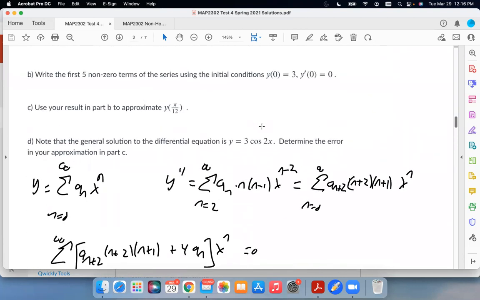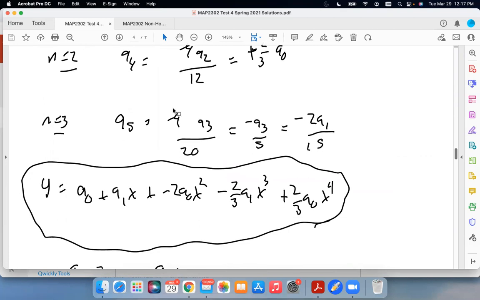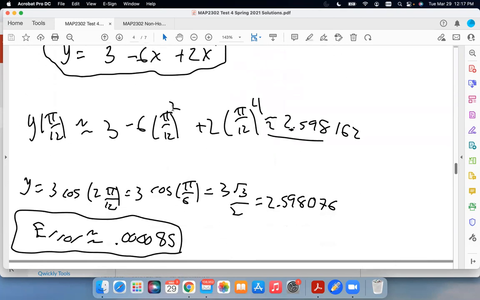Now the actual solution is this. That's the power series expansion of 3 cosine of 2x. So we're going to plug in this value pi over 12 into both the polynomial and the real solution. We're going to see how close we got. So you could check these on your own.